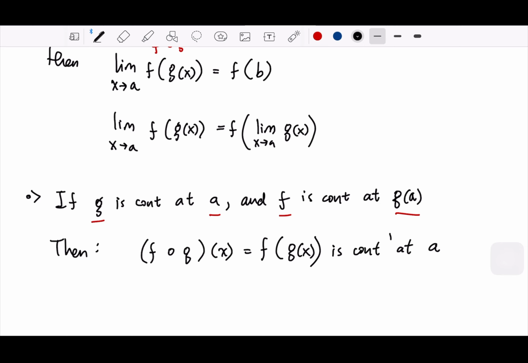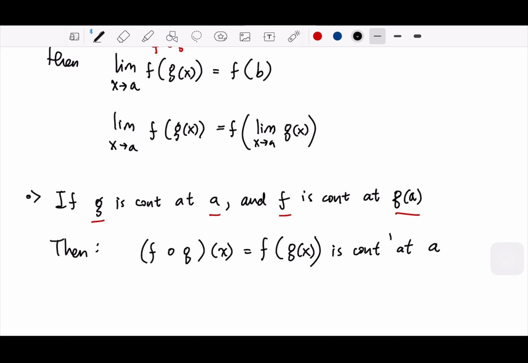Because this is a composite, it means a function inside a function, right? Function g inside f. So what we are saying is, if this inside function is continuous at a, then the whole thing is also continuous at a. And if this f is continuous at this point, then the whole thing will be continuous at a. In other words, a continuous function of a continuous function is a continuous function.